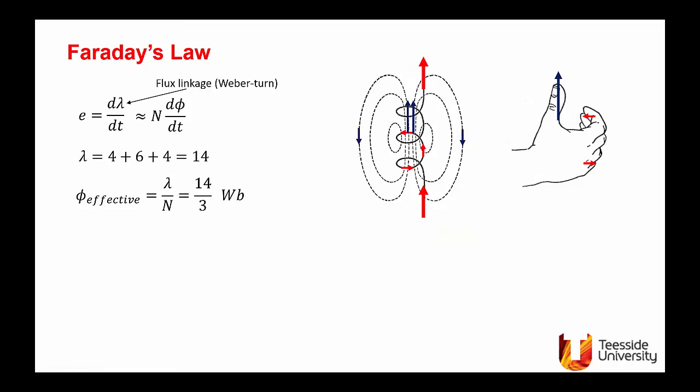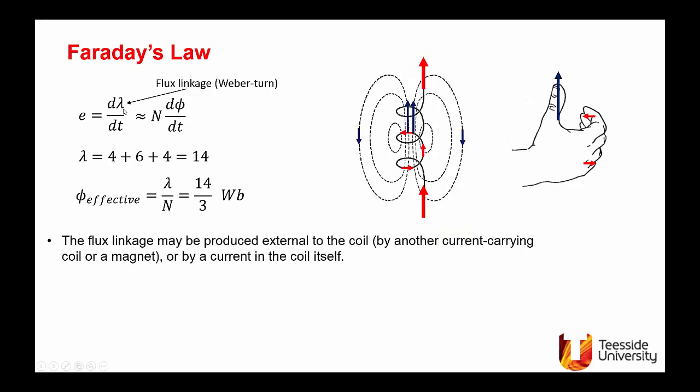And of course, if the current was in a long conductor going like the thumb, then the flux lines will be circles around that conductor. If d lambda by dt generates E, then it's not essential that the flux is produced by the coil itself.